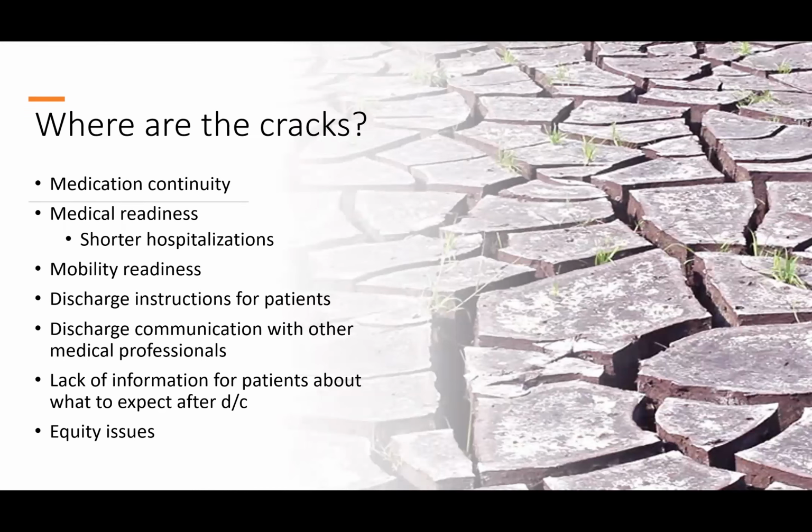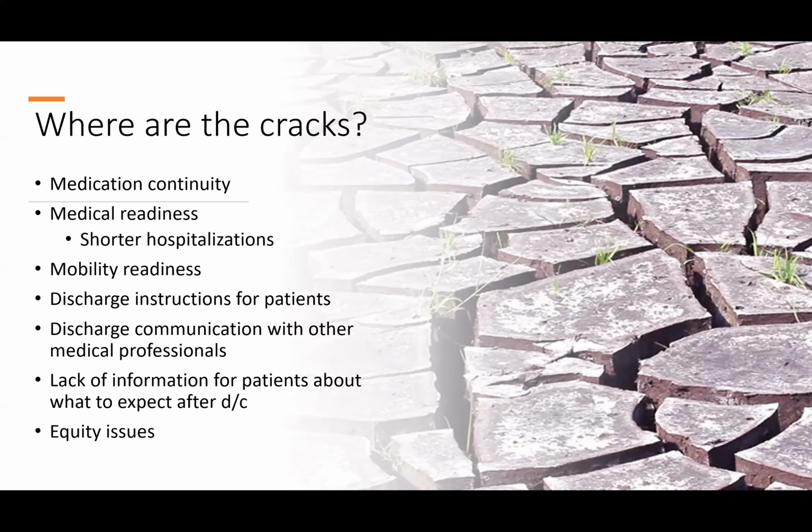To know where to intervene and what to avoid, we need to know where the problem is. So, a few main places where the cracks happen. One is medication continuity, where medication reconciliation is the big part of it. The other one is medical readiness. We're striving for shorter hospitalizations, even though we don't always get it.